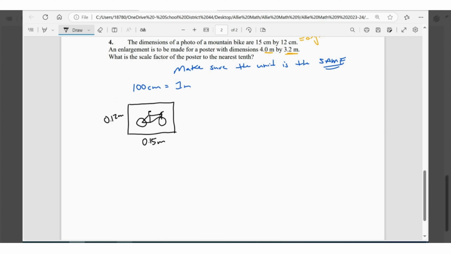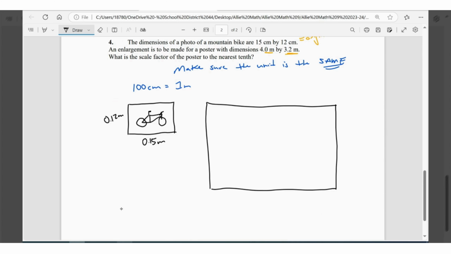And the enlargement is to be made for a poster with dimensions 4 meters by 3.2 meters. So let's draw our big version of the mountain bike. Okay, let's see. Draw your best mountain bike. Okay, there we go. A triangle and a triangle and a wheel and our fork and the other wheel and the handlebars and the seat.